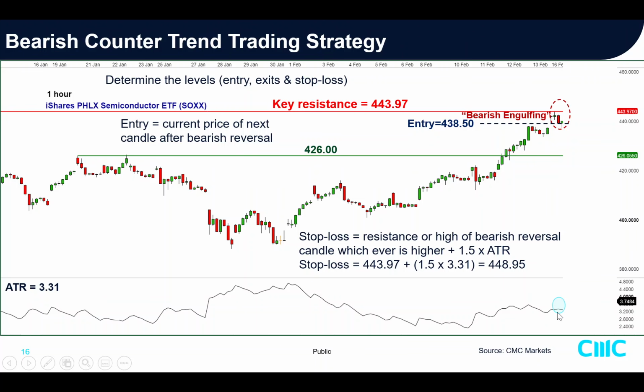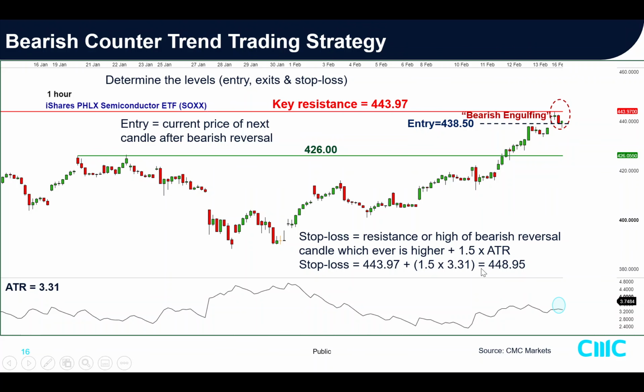The current ATR level was actually $3.31, so 3.31, I multiply by 1.5. Since I'm looking for a bearish trading setup, anything that is higher than my key resistance, if the price action goes up, I will get out of this bearish setup position. That means our bearish view is more or less wrong.